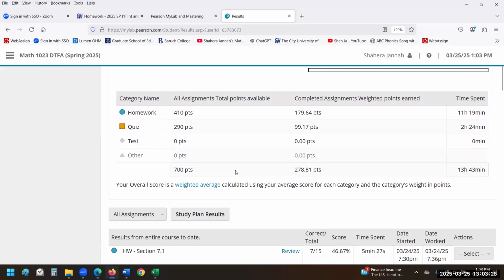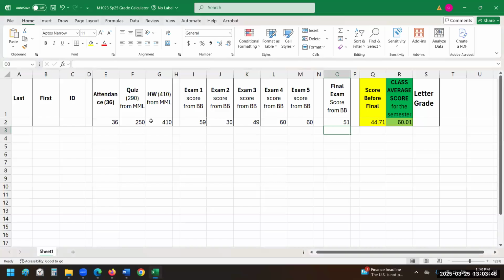It tells you how much you have out of how many points. So for the semester you took, complete is 110 and 290 points, and currently you have 179 and 99. So you get those 2 points and put them on the Excel calculator here, and then it will calculate the overall grade if you put in the rest of the information.